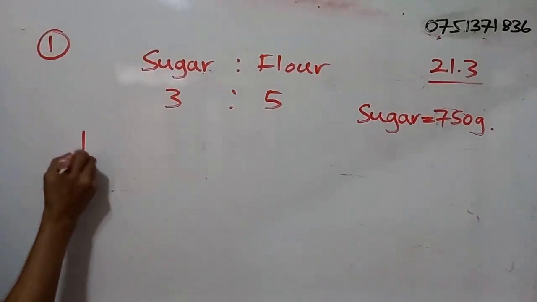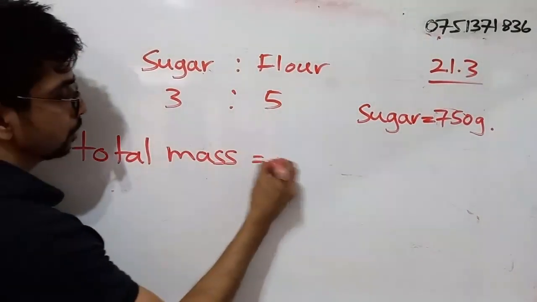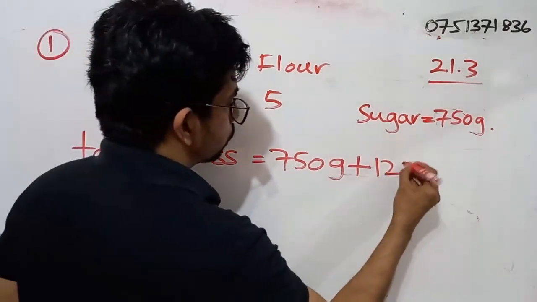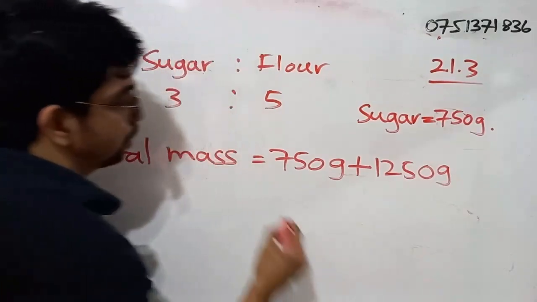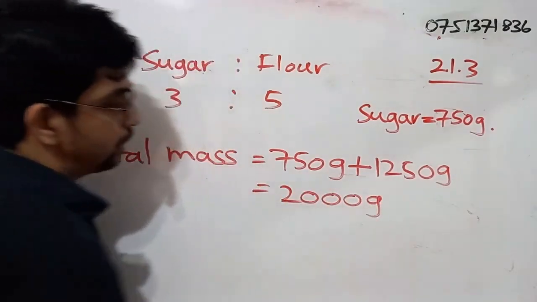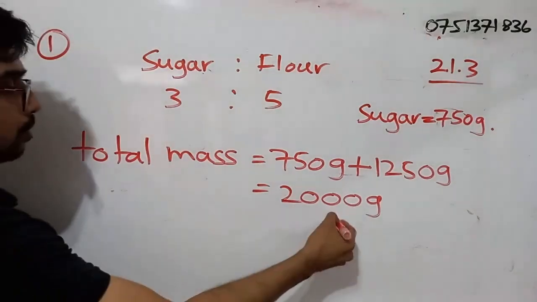So the total mass is 750 grams plus 1250 grams, which is 2000 grams, or 2 kilograms. So that will be the answer.